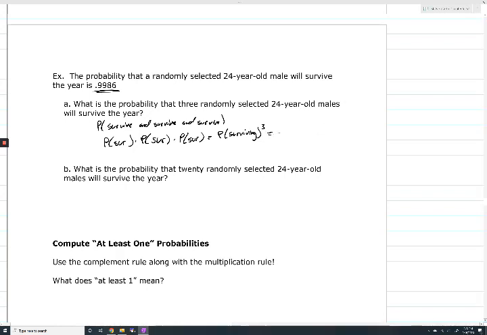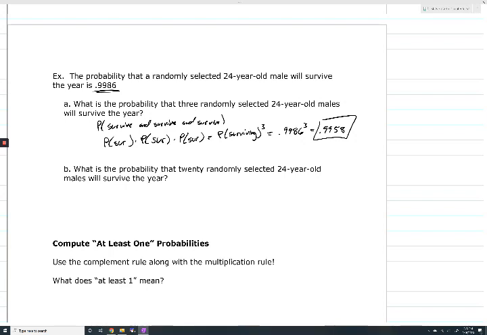So in this case, we're looking at 0.9986 cubed, and that gives us 0.9958. So the probability of randomly picking 3 24-year-old males and having them all survive the year is still very, very high.